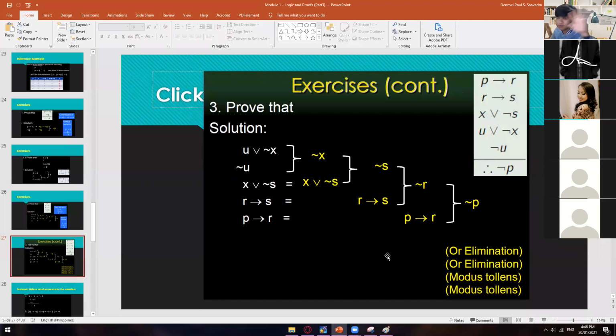Were you guys able to follow so far or no? Medyo, sir. Okay, I'll give you guys a minute to analyze this one. Browse back using your own copy if you need.